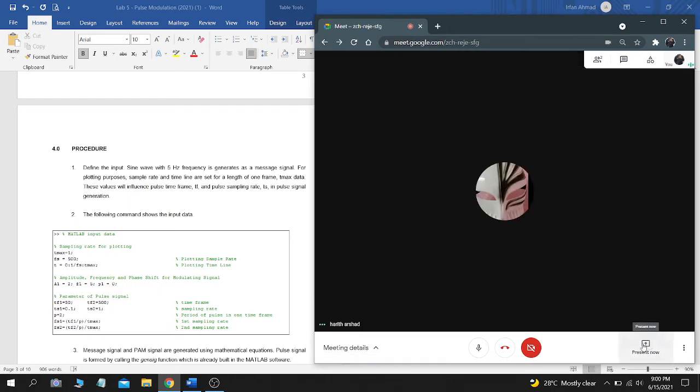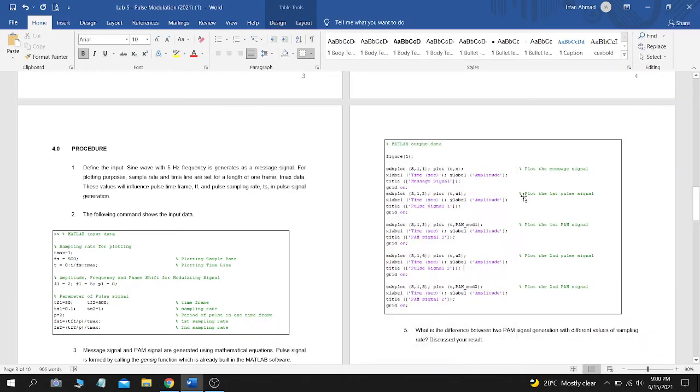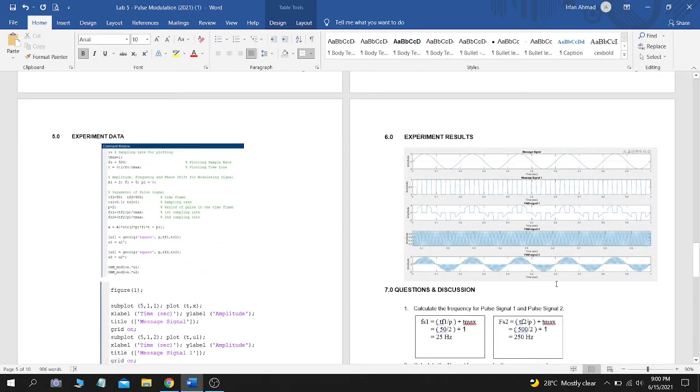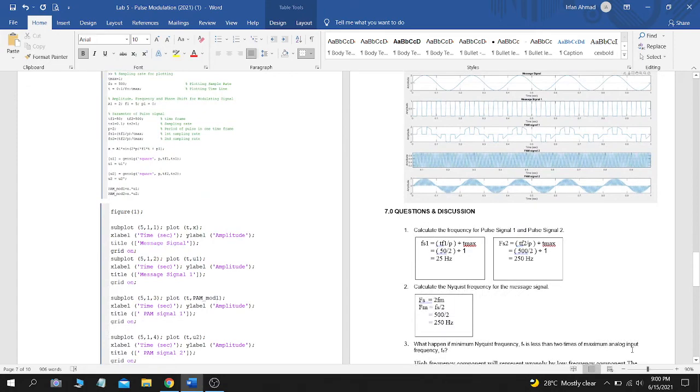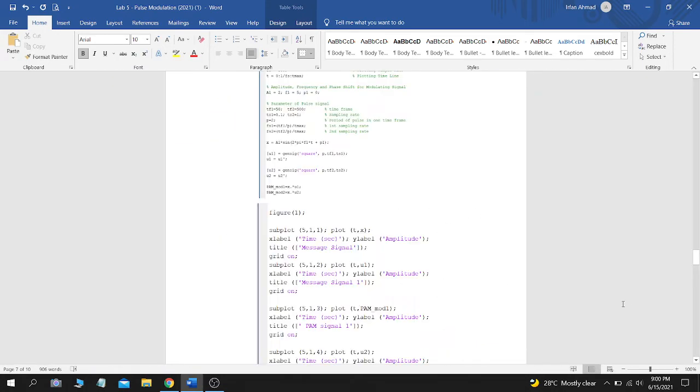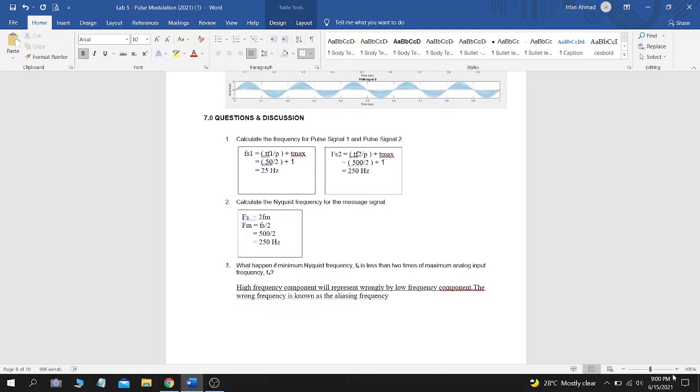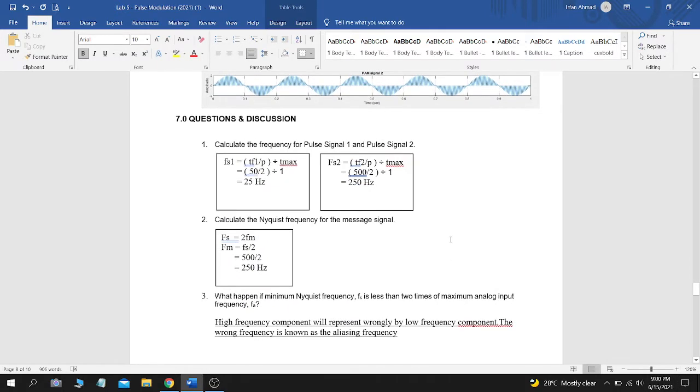Alright, thank you. For my part, I will continue with the questions and discussion. First question, calculate the frequency for pulse signal 1 and signal 2. Firstly, Fs1 equals TF1 over P, then divided by Tmax.